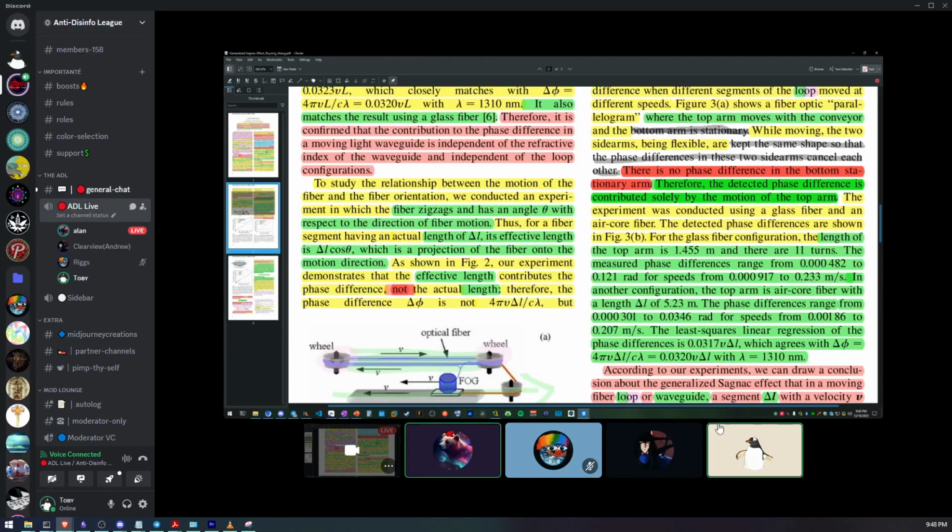Because in the diagram, they have the wheel showing a linear motion, or an additional velocity. And it shows the arrow too. So you would just add these two together.